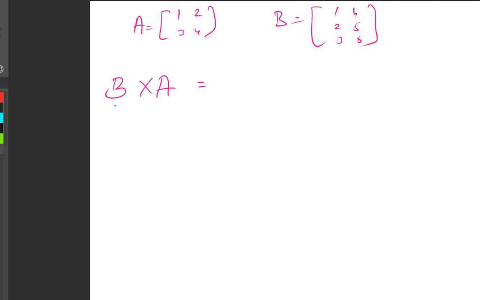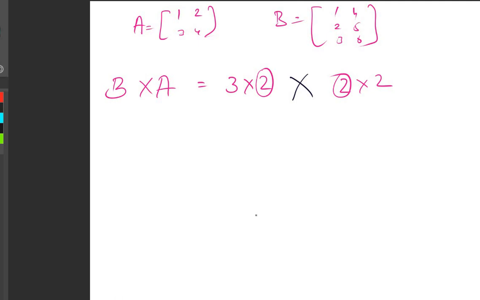I'll write their corresponding orders again. B is 3 cross 2 multiplied by A, which is 2 cross 2. The rule is satisfied: this equals this.